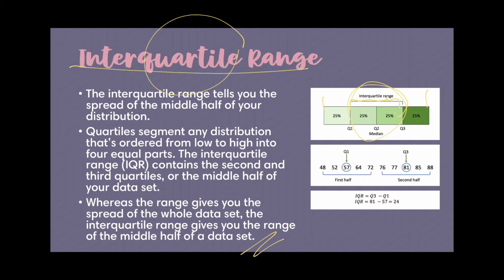And usually we use the interquartile range for certain research questions that ask for consensus. When we want to see consensus building, for example with a Likert scale, we want to see if there's a majority of people agreeing with a specific sentiment or opinion, then we use an interquartile range for that.